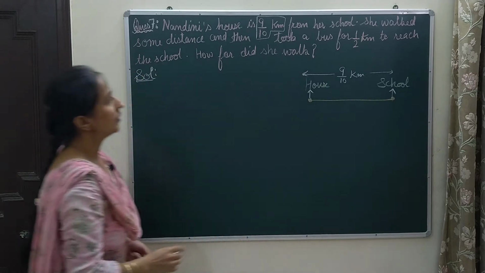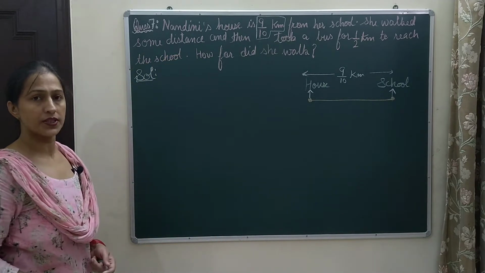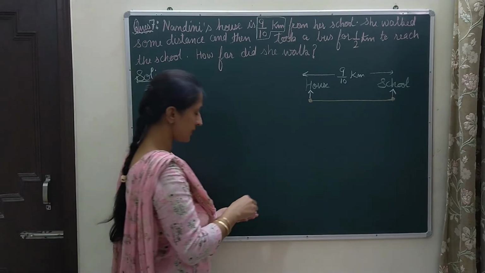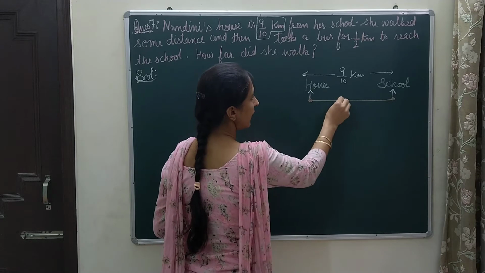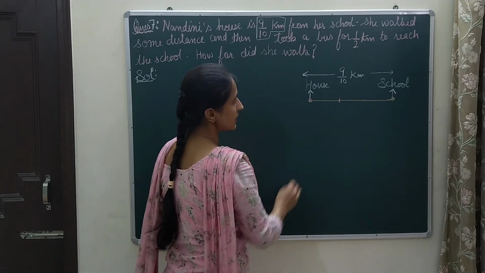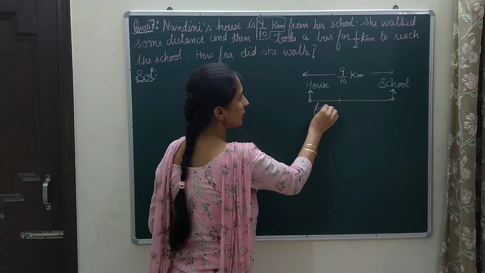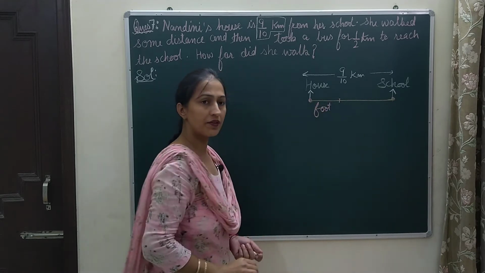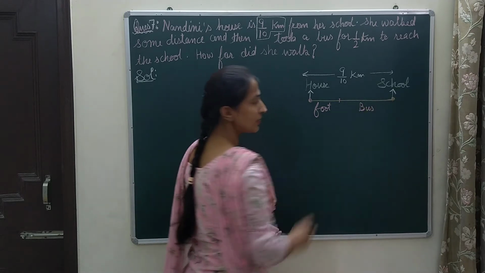Okay. Next, she walked some distance and then took a bus. She traveled some distance from the house, and after traveling some distance she took a bus. That means some distance she traveled by foot. And after traveling some distance by foot, she took a bus to reach the school.